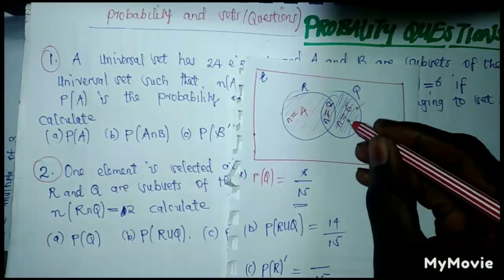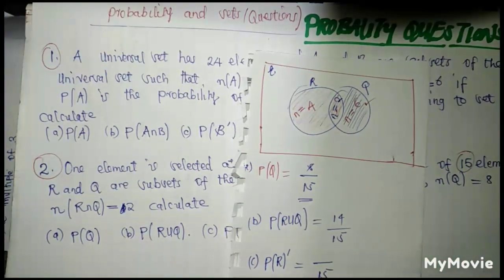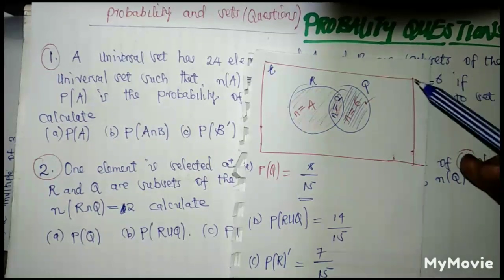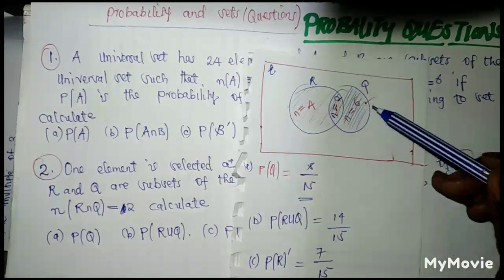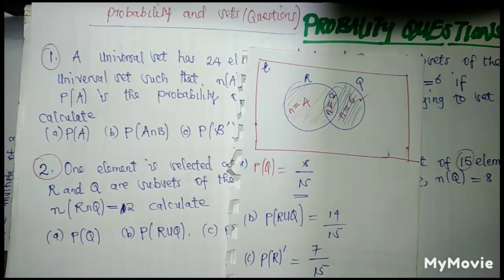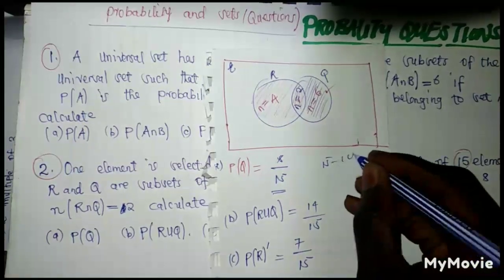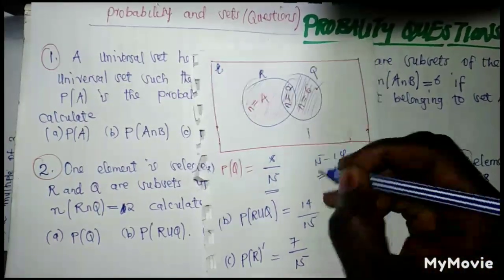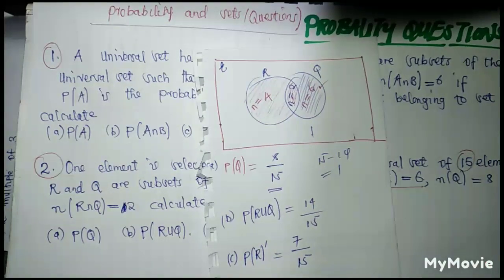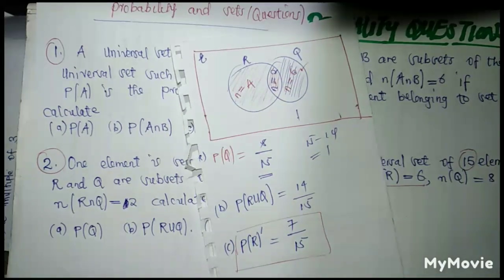We also consider 1 outside here, so it would be 7 over 15 possible outcomes. 8 plus 6 is 14, but we have 15, so 15 minus 14 is 1 outside here, so 6 plus the outside 1, that would be 7. So it is 7 over 15.